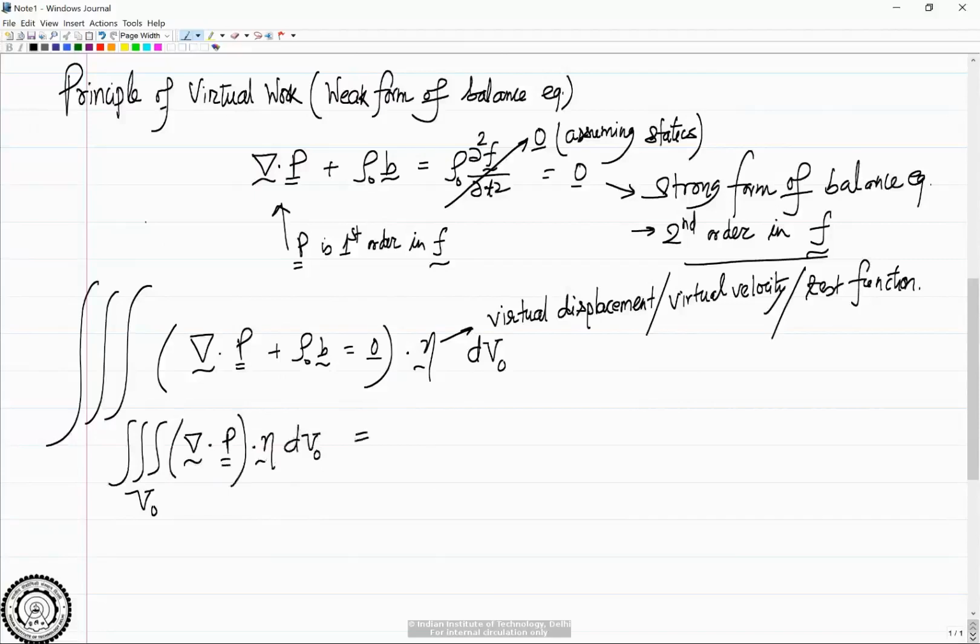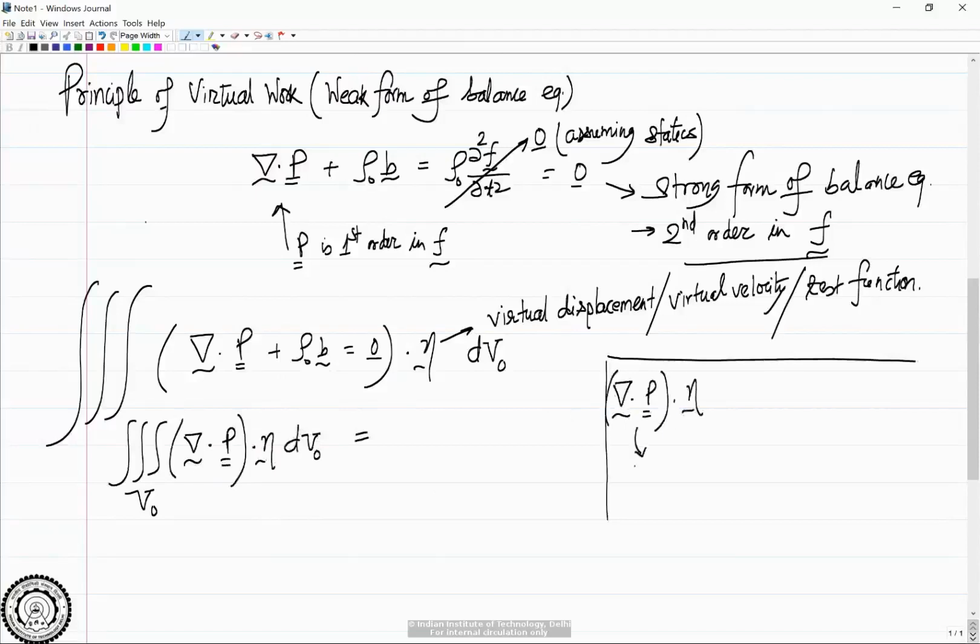So let us try to work it out. If we write this in index notation, let's do that. Divergence dot P dot with eta.